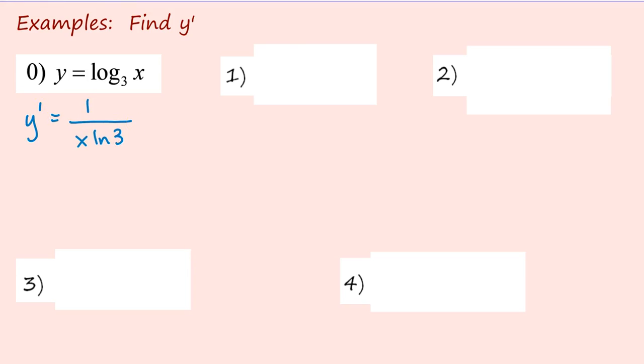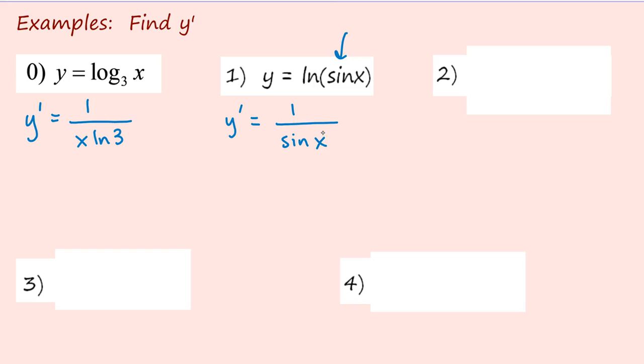Okay, number 1. Now we're using the chain rule. So to use the chain rule in conjunction with the derivative of a logarithm rule, instead of 1 over x for the derivative of natural log, it's 1 over whatever is in there. So 1 over sine of x instead of 1 over x times the derivative of the inside.